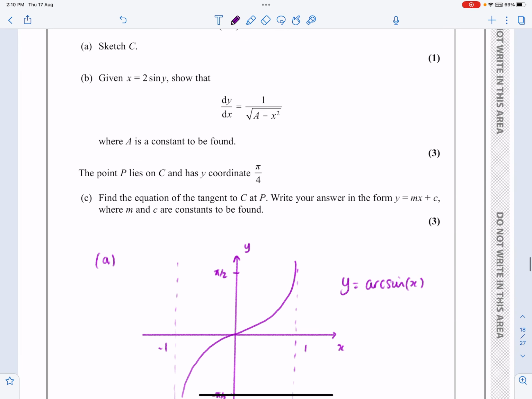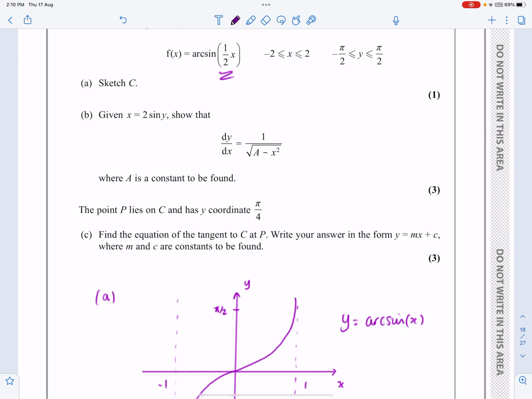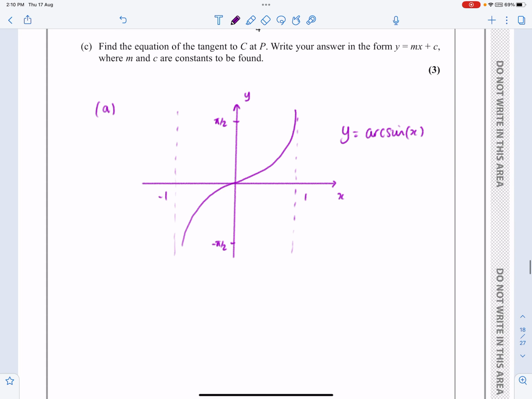All they've done is they've said, can we have arc sine a half x? So when we do f(ax) as a transformation, hopefully you remember this is a stretch, scale factor 1 over a, parallel to the x-axis. And so a stretch of 1 over a is going to be a stretch of 1 over a half.